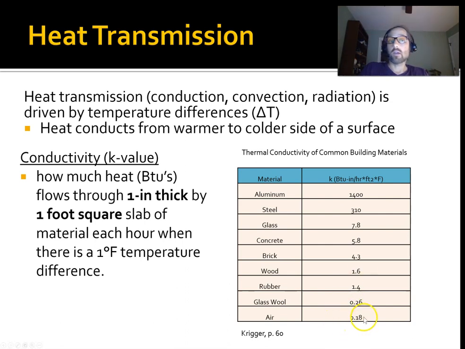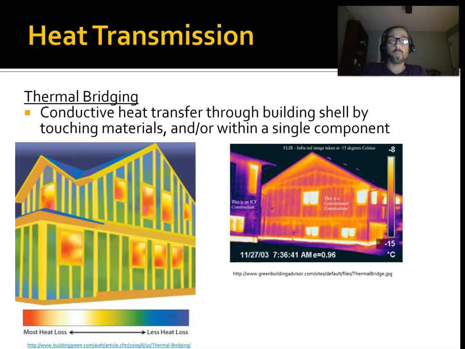And you can see air is a really poor conductor. That's why insulation works so well, because insulation is mostly air pockets. Rubber is a good insulator, glass wool, and so forth. Okay, so that's your conductivity. So different materials conduct heat at different rates. And this is sort of a false color image, but this on the right is a real thermal image.